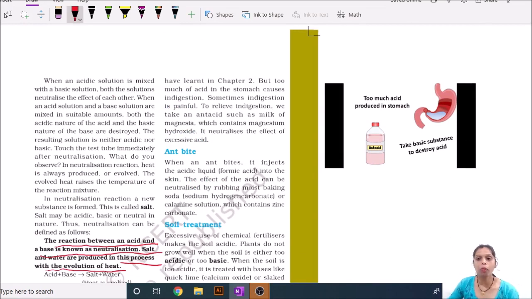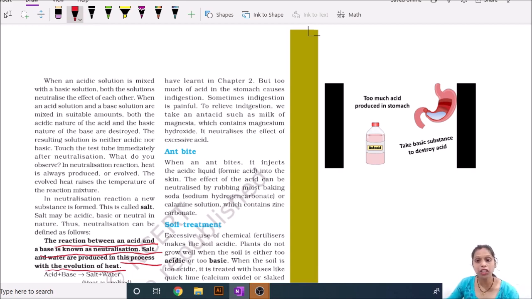Sometimes this hydrochloric acid is secreted in excess. Then whenever too much acid is produced in the stomach, our body becomes acidic, and you feel stomach pain.